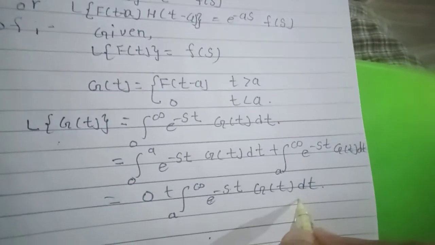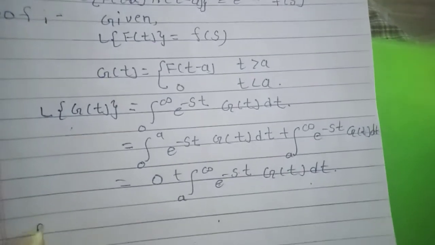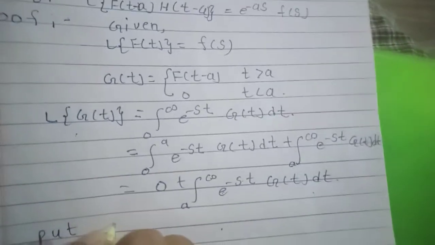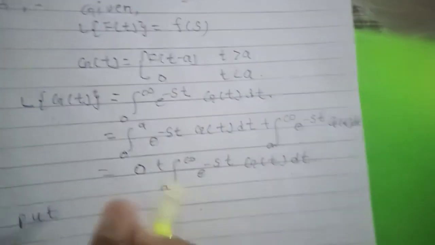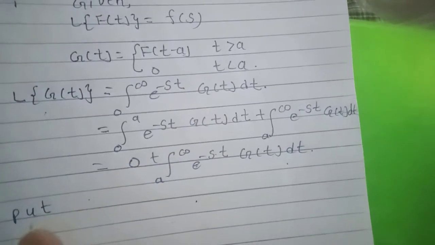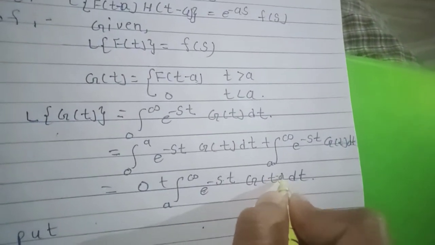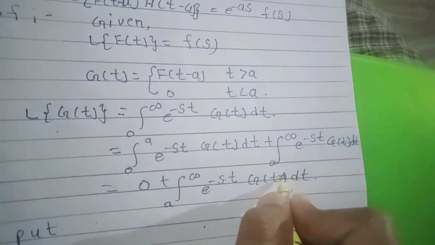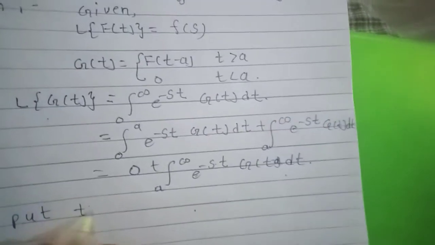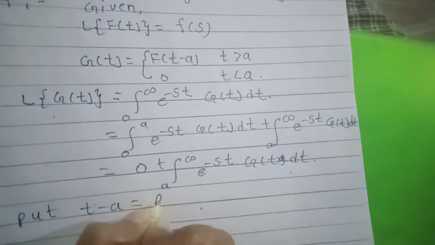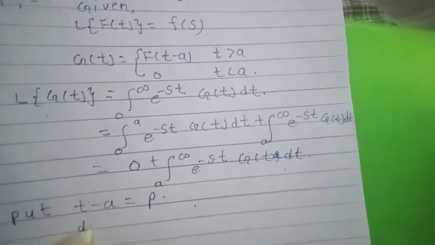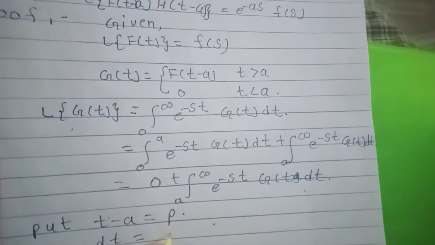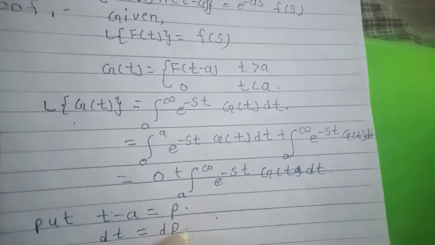Then put t minus a equal to p. Then dt is equal to dp.